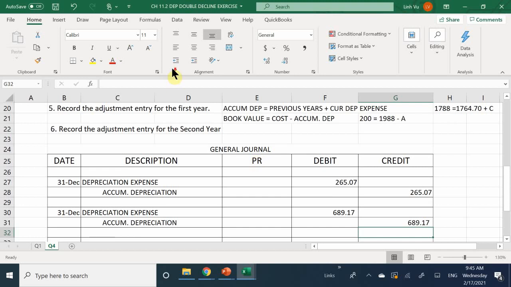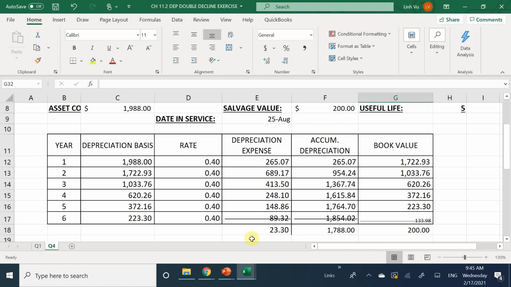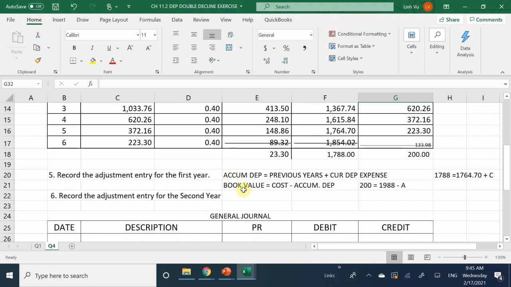Good. Okay. So do we understand how to do the second part here, what happens when the book value falls below salvage value? Do we understand how to calculate backwards? You're essentially taking the same formula but plugging in what you know and solving for the unknown variable.